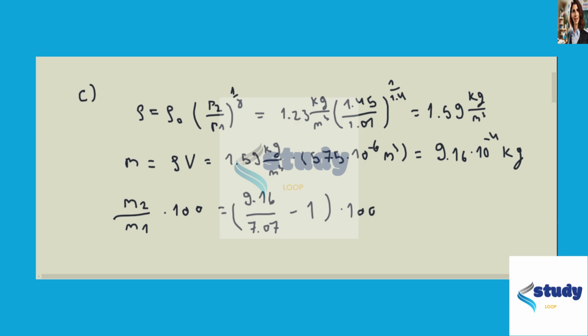This minus 1 part comes from the general formula for percentage evaluation, and this is equal to, I will actually use the red color here, 30% of change.